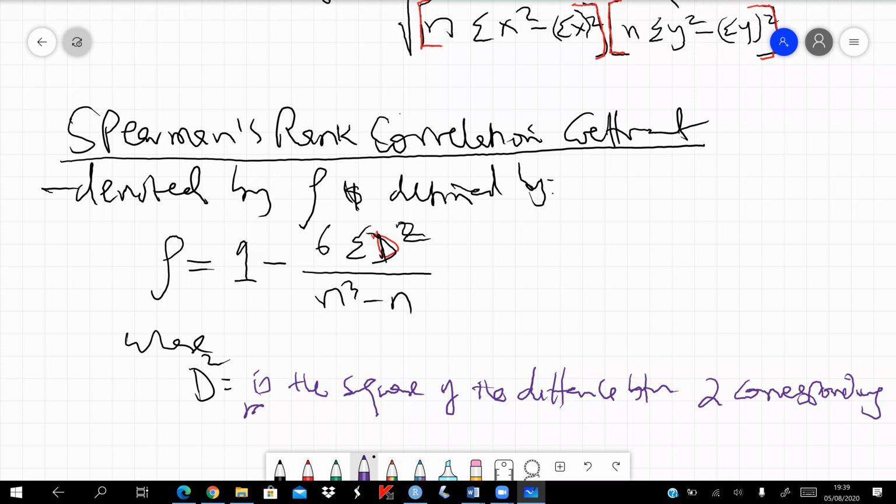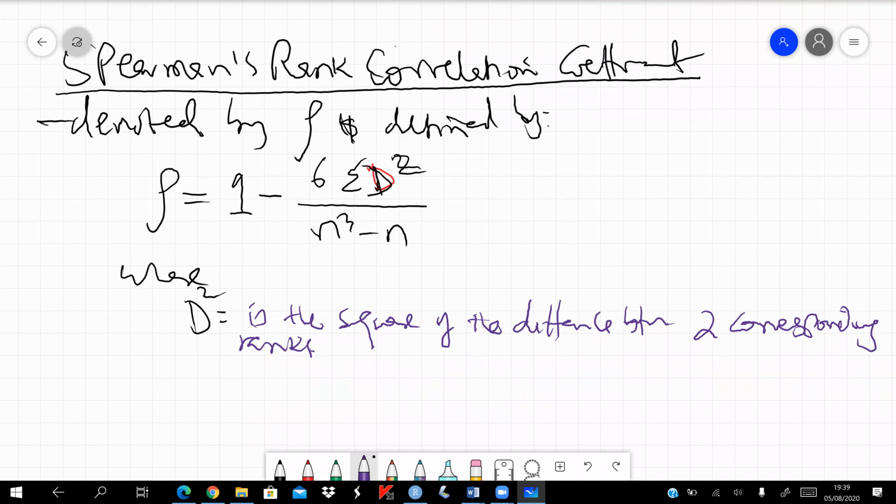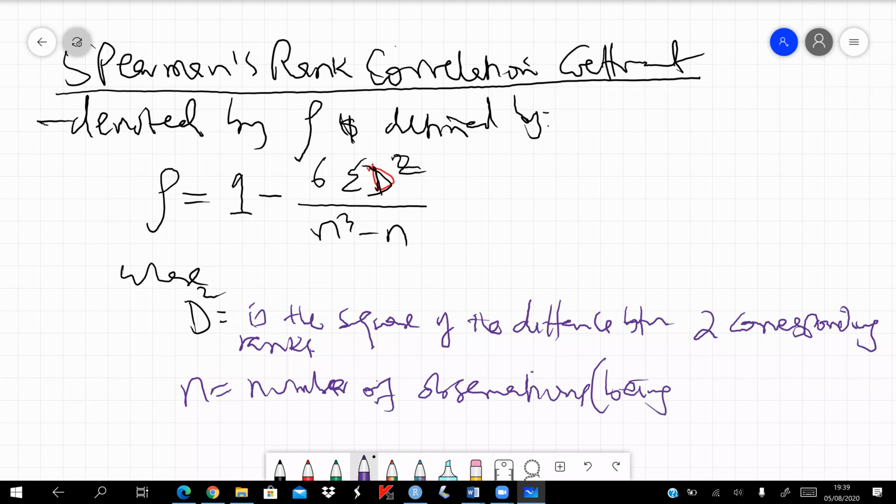Of course, we are summing that. Then N is the number of observations being ranked.